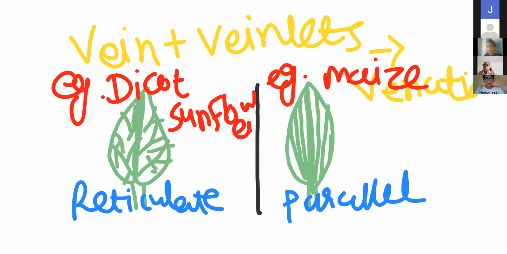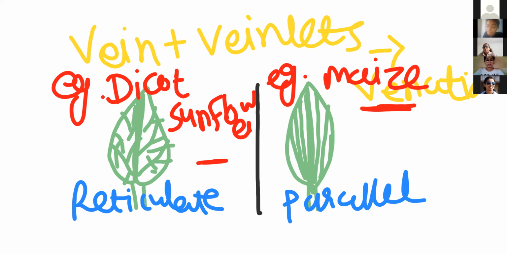So all of these are there, even banyan, peepal, ashoka. In all of them you can find reticulate type of venation. In banana, banana leaf, then maize, rice, wheat, you find parallel venation.